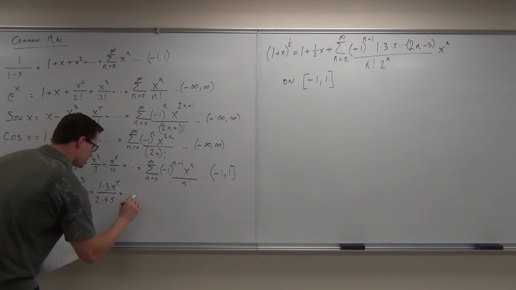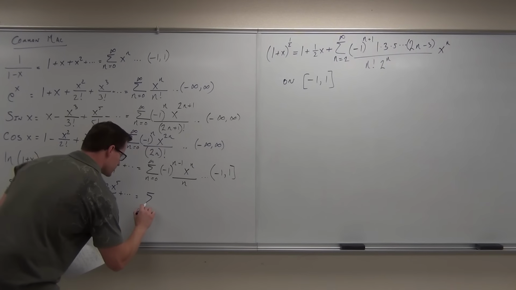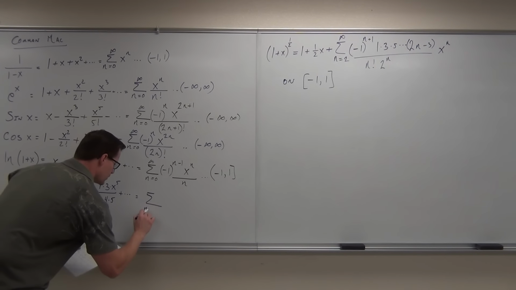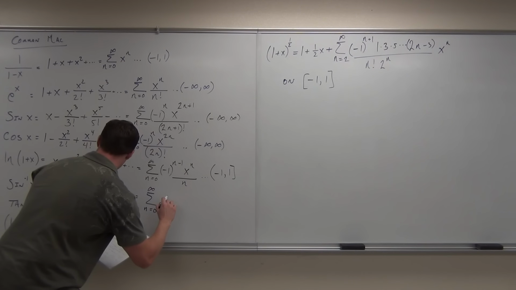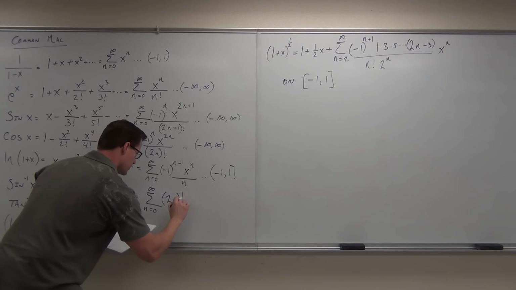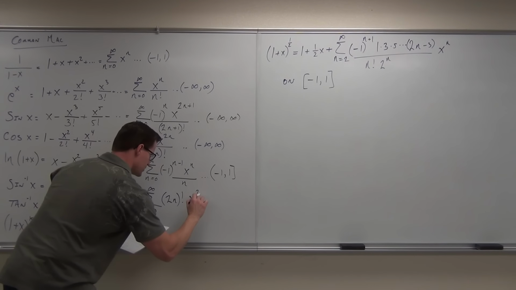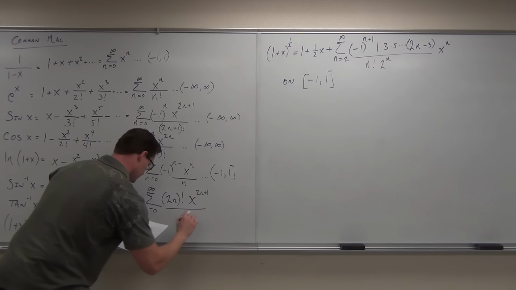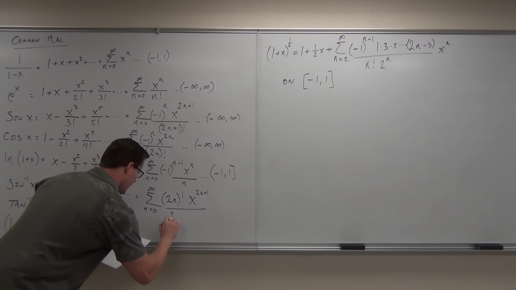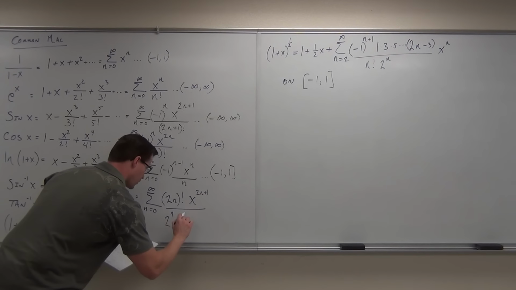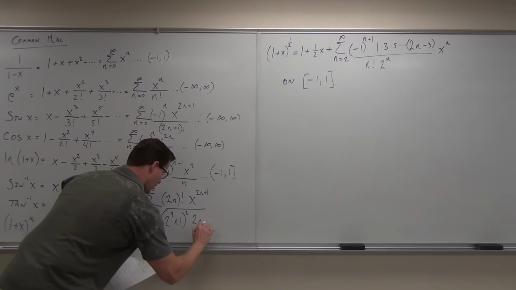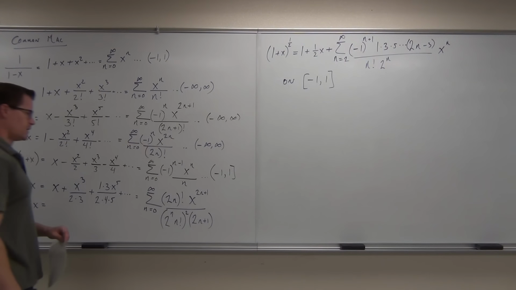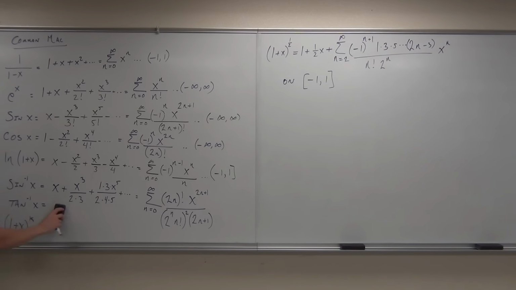And what this ends up being in the series, which is quite interesting, we start at 0, we go to infinity. We have 2n factorial, x to the 2n plus 1, all over 2 to the n factorial squared, times odd numbers. These ones I gotta.